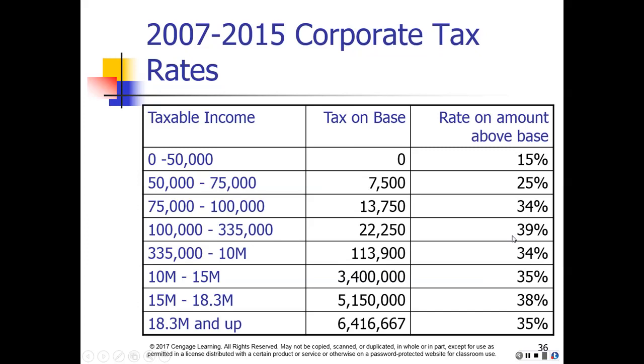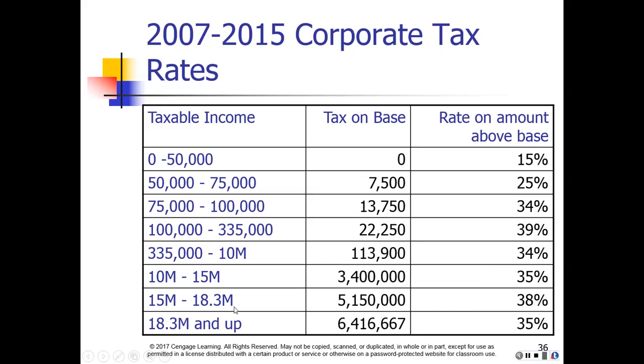And then after that, you're going to keep paying 34% up to 10 million, and above 10 million it goes up to 35. And once again, you can see that there's a marginal increase, and that is to bring your overall tax rate to 35%. And so if you make over 15 million, then you are paying 35% in taxes.